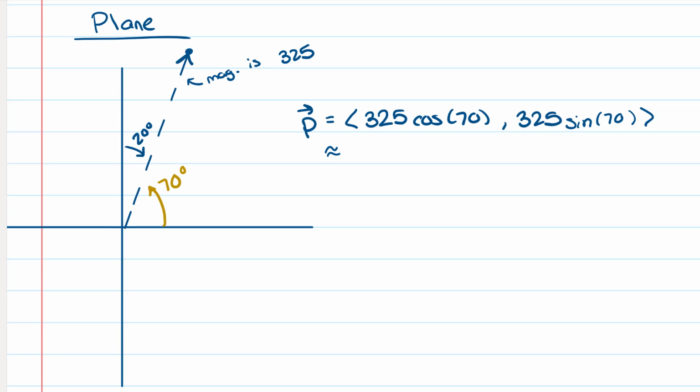And that comes out to about 111.156, 305.4001. And it makes sense that the y is so much larger than the x. If we were to draw a triangle with this, we could see that the y value is much larger than the x value.